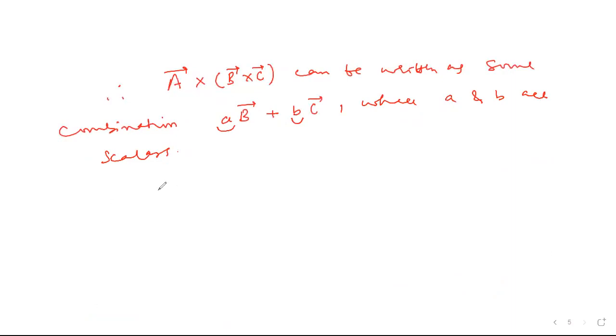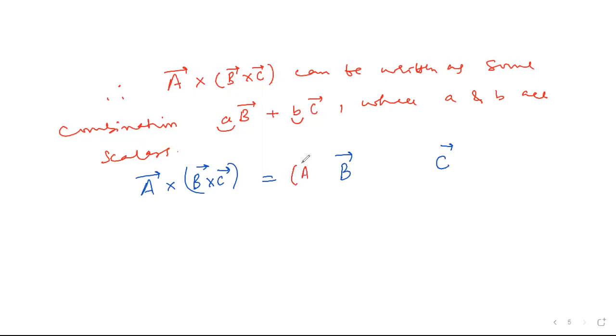A cross B cross C is, first I write this B and this C, then there are coefficients.